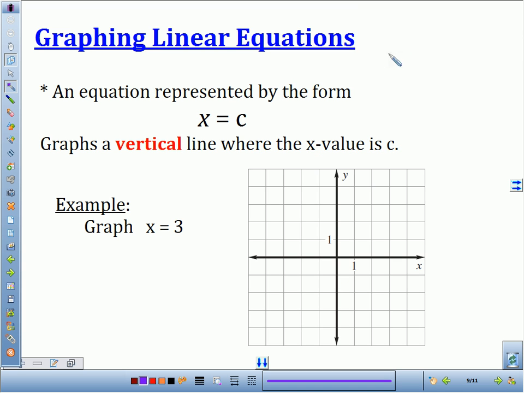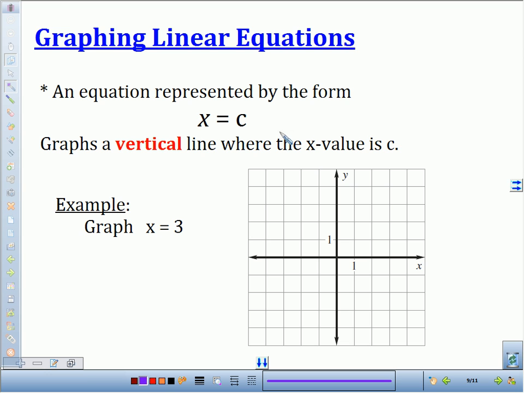We have a couple of other situations that might show up. One is if we're given an equation that's represented by the form x equals c. If that happens, then we have the graph of a vertical line. We should remember from our notes on slope that a vertical line is where the slope is undefined.